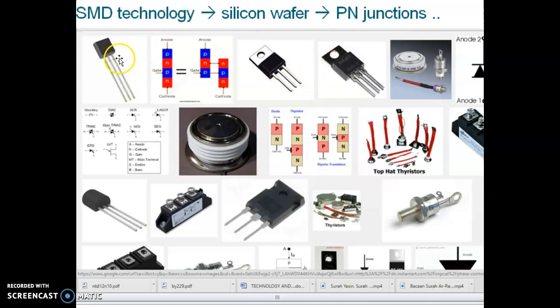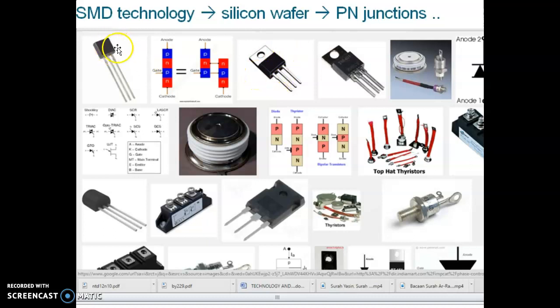So we can see here a small signal transistor, which is used to conduct a small amount of current, in terms of milliamperes. It uses the same PN junction concept, fabricated on silicon-based wafers. Here is the metal type of transistor.